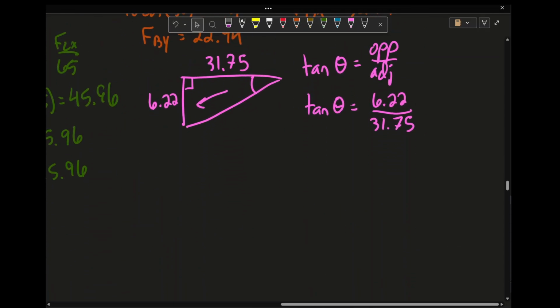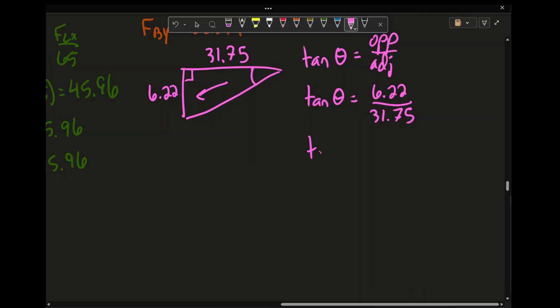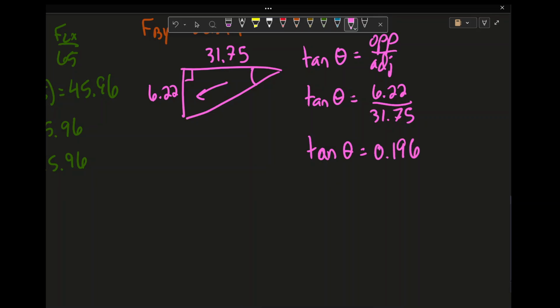And so you have to solve that fraction, so like actually put it into your calculator, and you get tan theta is 6.22 divided by 31.75, and that is 0.196. Now, to finish this, we have to use the inverse trig function.